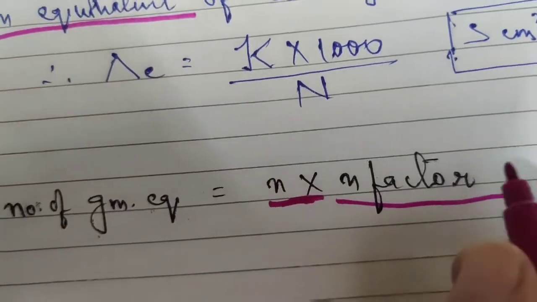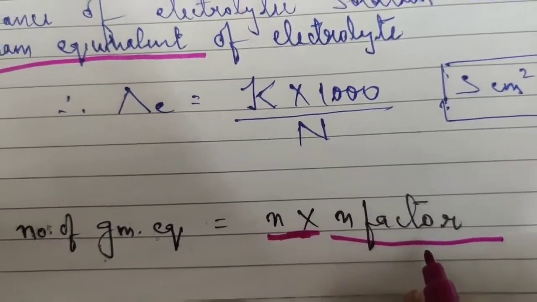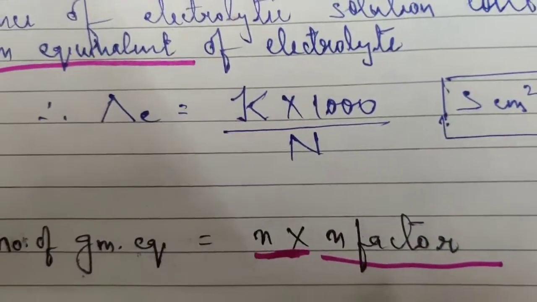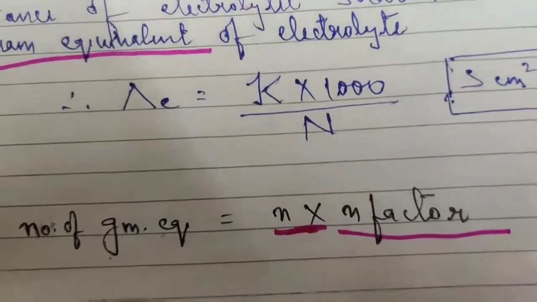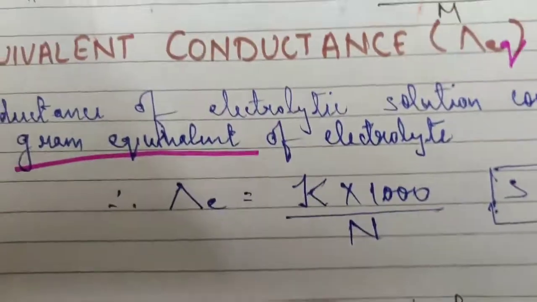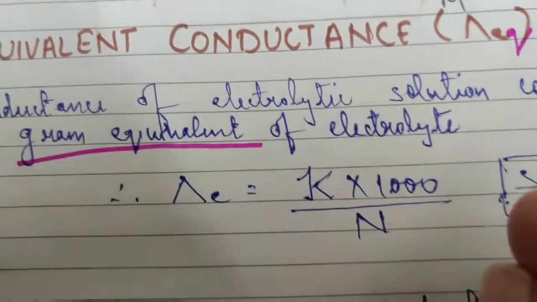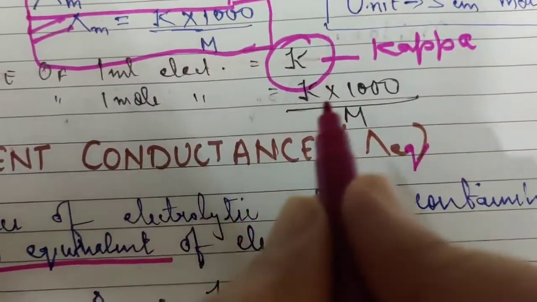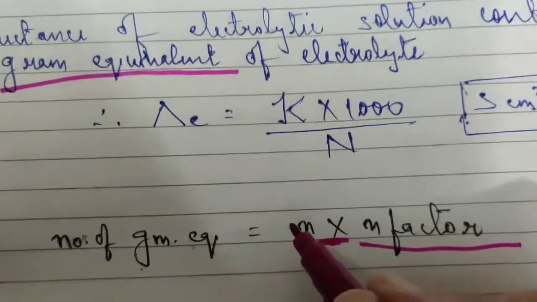Now this is something that I've already done with you in class 11. So even now if you don't know what is n factor, children, you can ask and I can again share the notes with you. But in this particular case, it is not required, because most of the times you get the concentration in terms of molarity, not in normality.